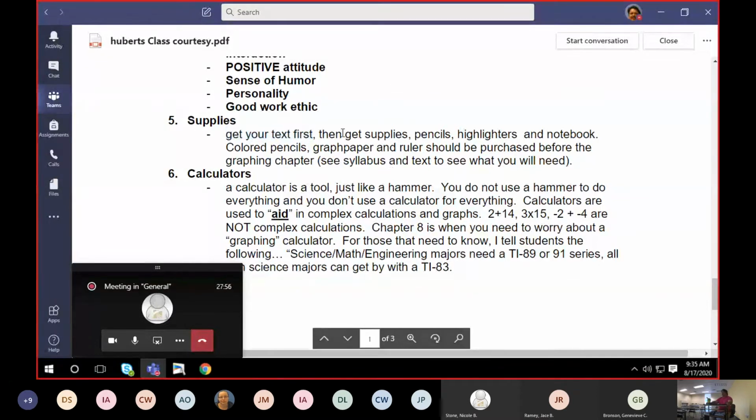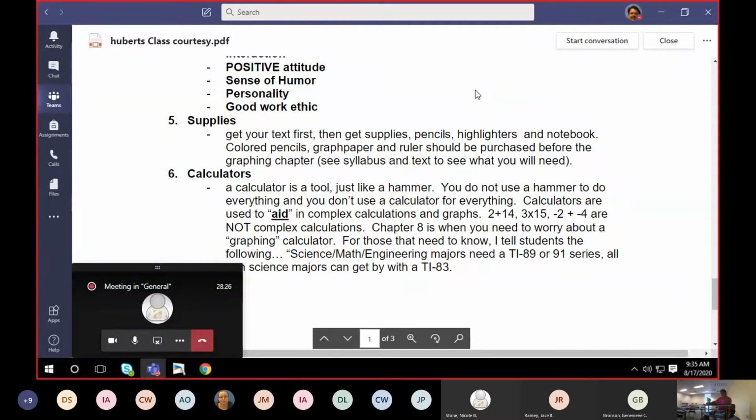These are the things you need to get: pencils, highlighters or colored pencils, okay? Notebook, graph paper, ruler, and a graphing calculator above a TI-83. If you've got a Droid, you can go to Wabbit EMU and you can actually get a TI-83 or better for your Droid.